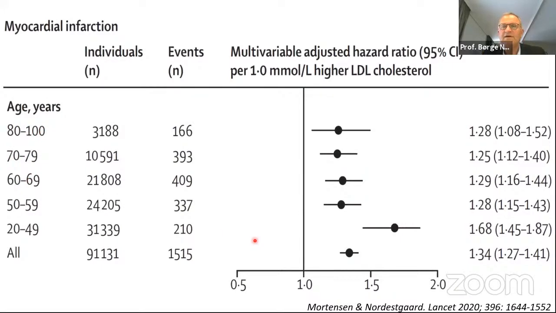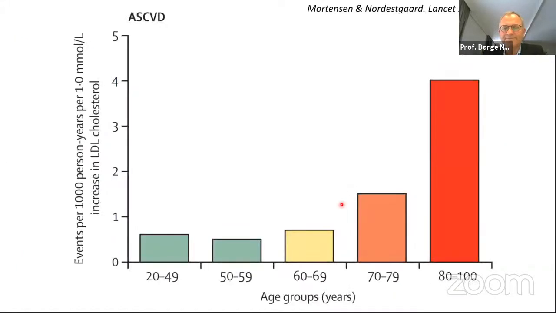What is the hazard ratio per 1 millimole higher LDL cholesterol for myocardial infarction? As you can see, the very young ones dominated by FH have very high risk, but all the other age groups, including those aged 80 to 100, had the same risk of myocardial infarction for the same increase in LDL cholesterol, 1 millimole.